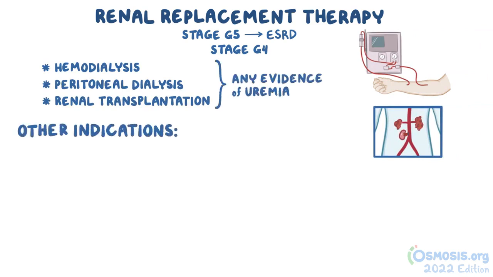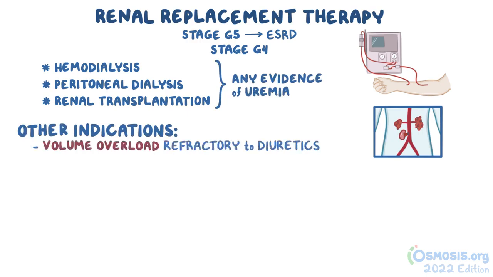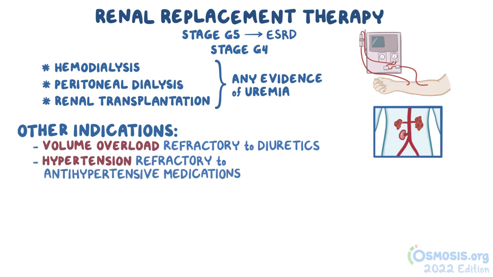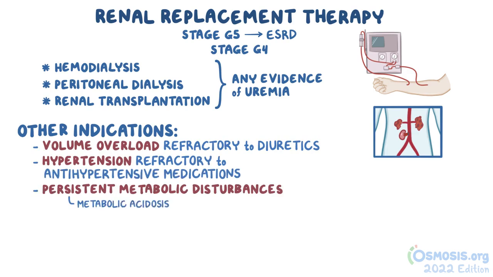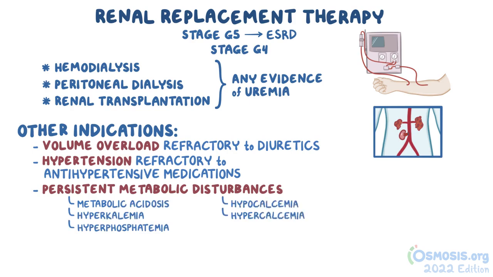Other indications for renal replacement therapy are volume overload refractory to diuretics, hypertension refractory to antihypertensive medications, persistent metabolic disturbances like metabolic acidosis, hyperkalemia, hyperphosphatemia, hypo or hypercalcemia that are refractory to medication, or refractory symptoms like nausea and vomiting.